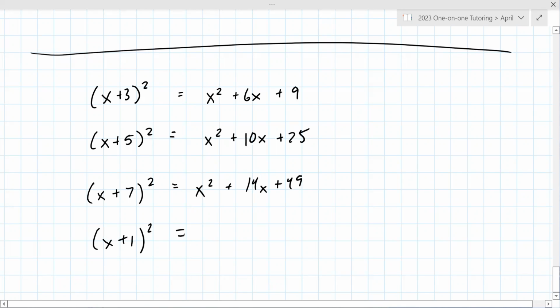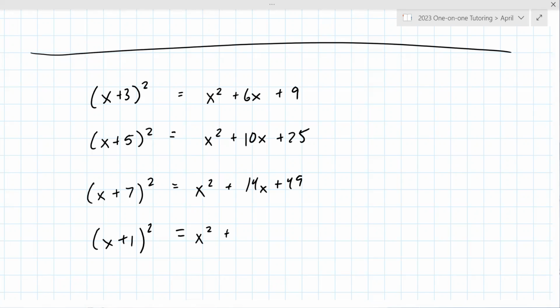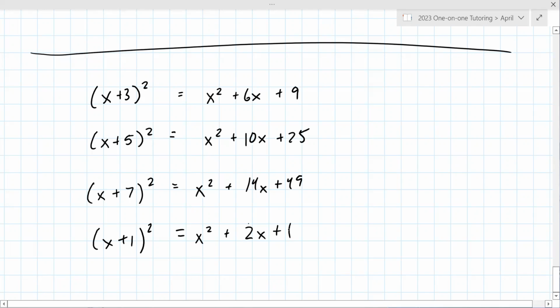X squared plus 1x, so I guess x. So 1 squared, plus x, and then plus 1. All right, good. I see. I think you've got them down.